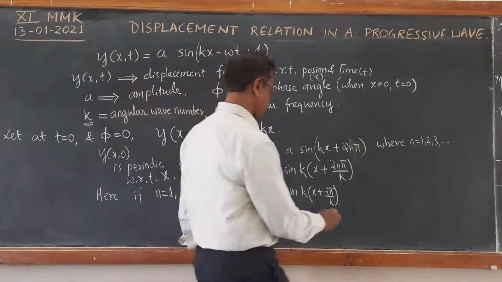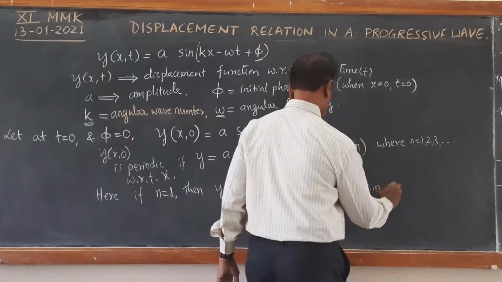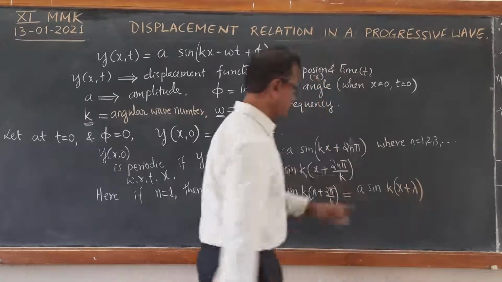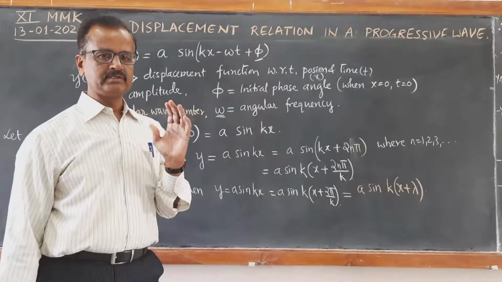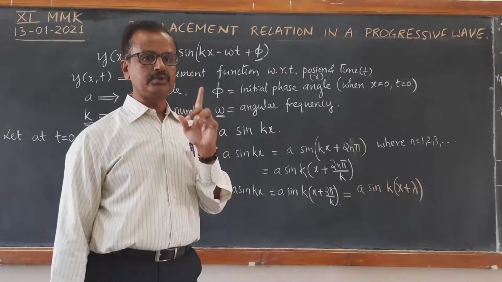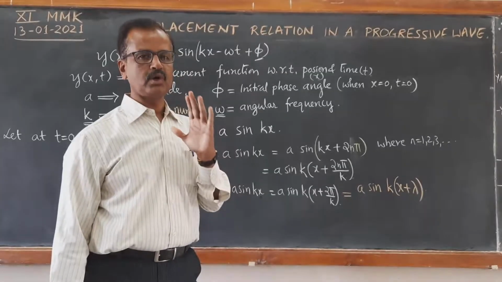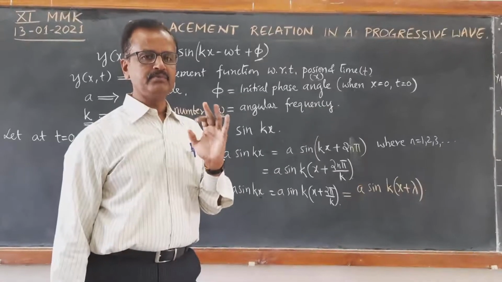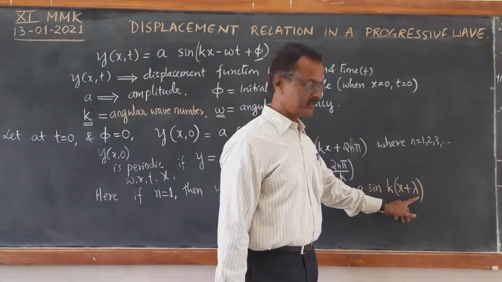So, here this can be written as a sin k(x plus lambda). As I have told you, lambda is the wavelength. It is defined as the distance between two consecutive particles which are in the same state of vibration, the distance between two constituent particles of the medium which are in the same phase. That is what we call wavelength.